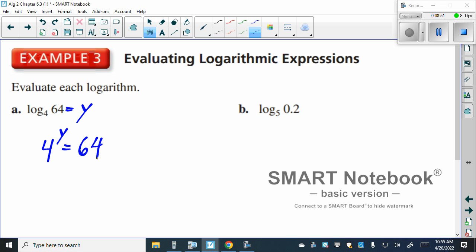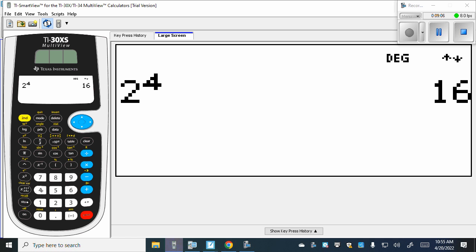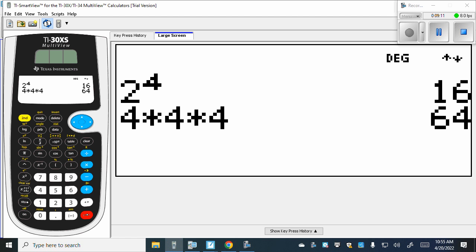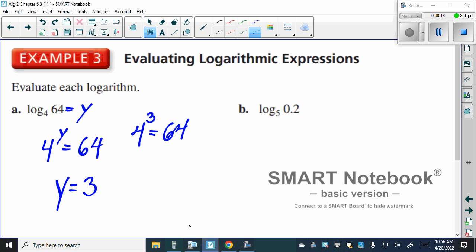It'd be 3, because 4 to the 3rd power is 64. If we did 4 times 4 times 4, multiplied by itself 3 times, we do get 64, because 4 times 4 is 16, and 16 times 4 is 64. Which means log base 4 of 64 is 3. Questions on this here?